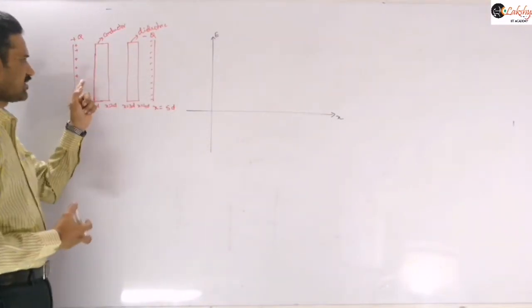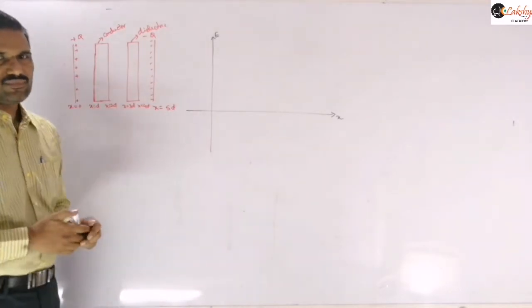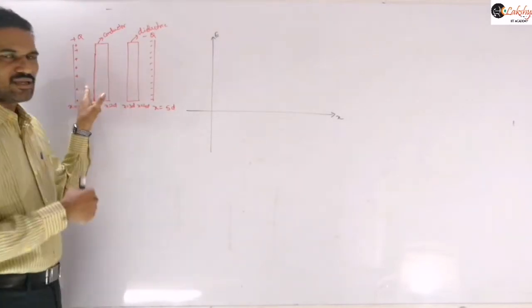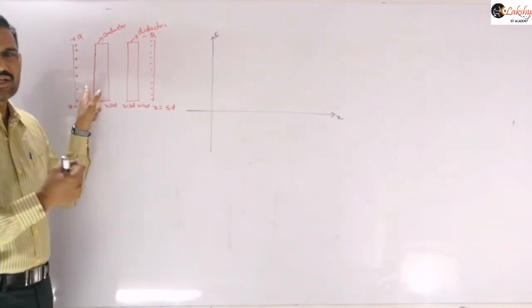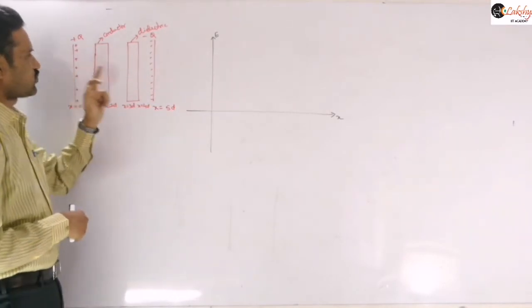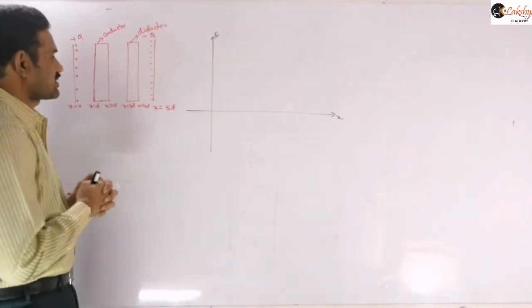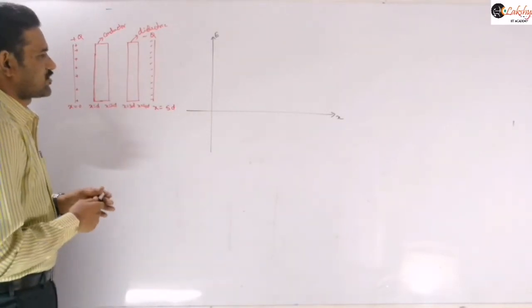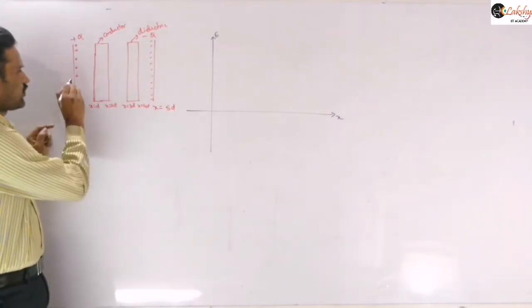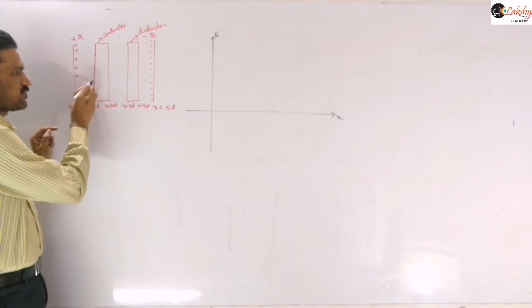Now can you say how the electric field will change? If I ask what the electric field is in this region, which is air, that means in air medium we can write it as sigma by epsilon naught, because of the electric field due to this plate and due to this plate. So it has a constant value when you are moving from the positive plate to the negative plate.